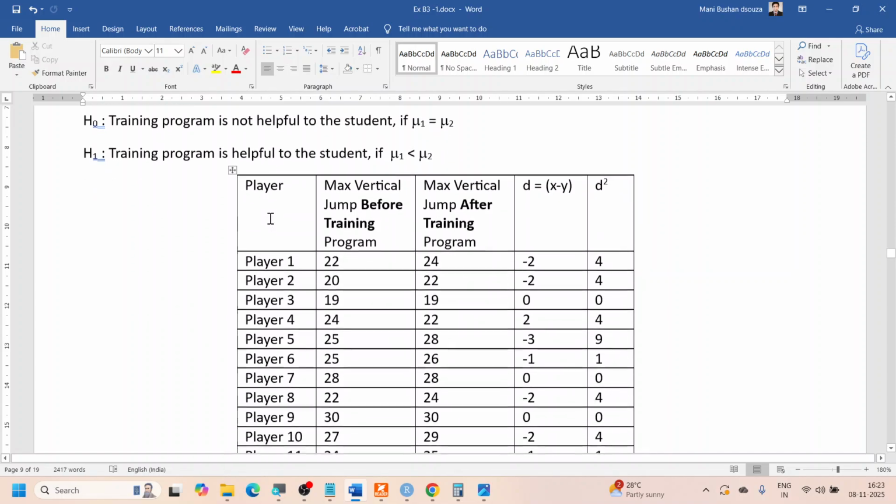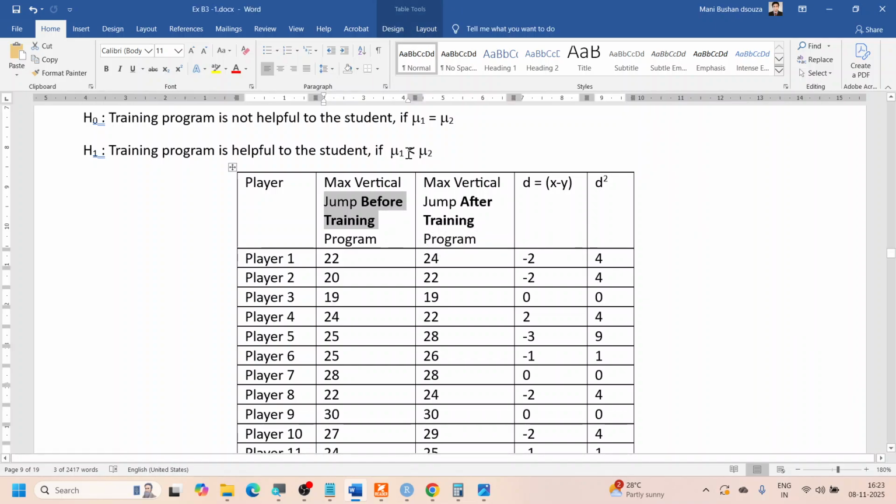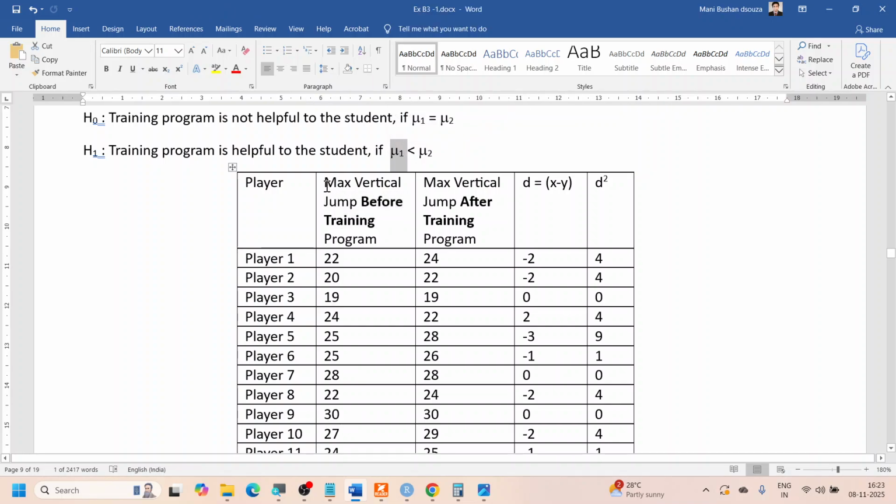The alternative hypothesis is that the training program was helpful and that the students were able to jump a higher distance as compared to the distances covered before the training. So the mean of the maximum vertical jump before the training is less than the mean maximum vertical jump after training.